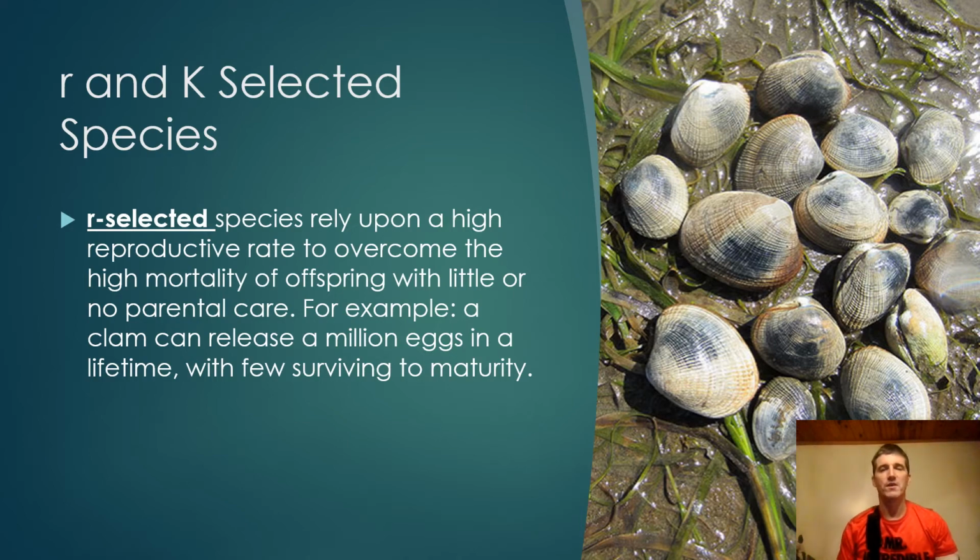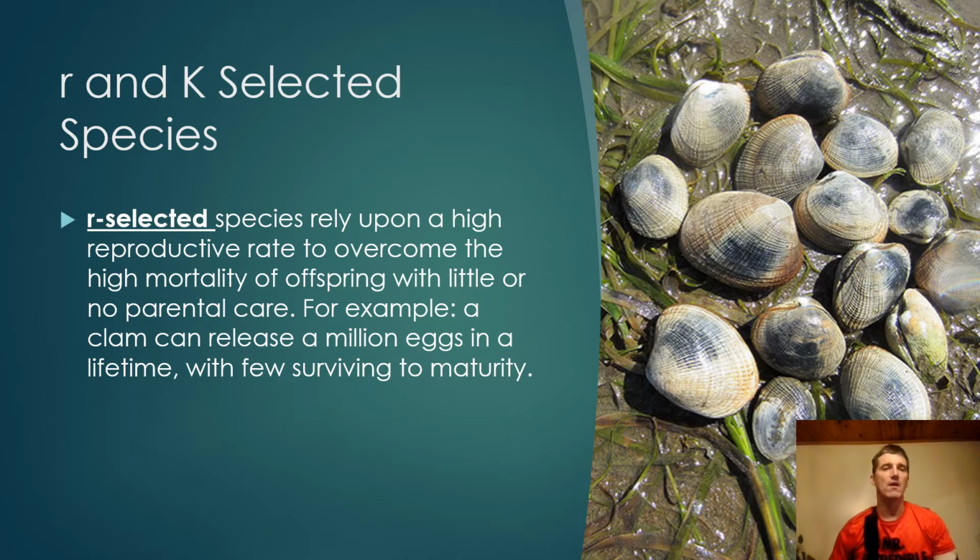So a clam, for example, can produce millions of eggs, and the probability of any one of those eggs surviving is really, really small. But instead of putting a lot of resources and a lot of effort into taking care of a few eggs and making sure those mature, they put their resources into just producing lots and lots and lots of eggs and hoping that a few of those survive to maturity.